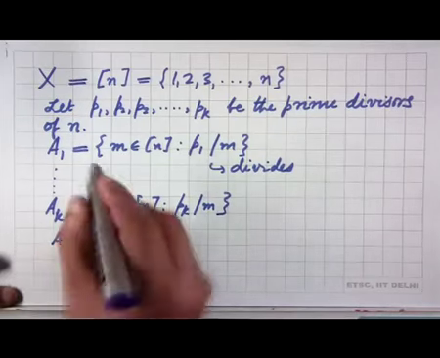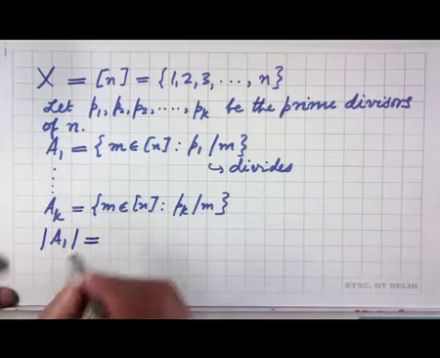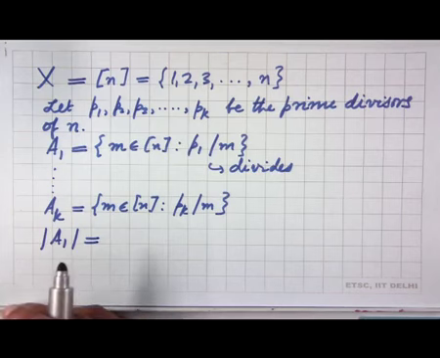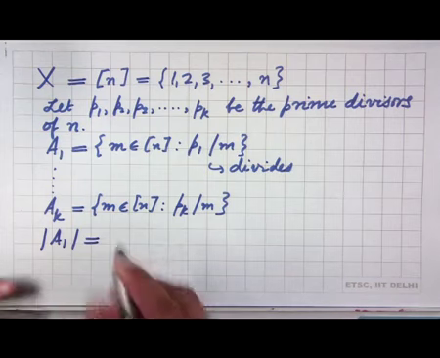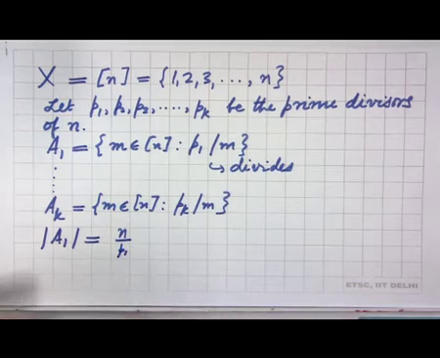Let's look at what A1 is. Well, A1 is the multiples of P1. It's rather straightforward to figure out what the size of the set is. How many multiples of P1 are there up to n? Well, obviously n by P1. For example, if n was 10 and p1 was 2, how many multiples of 2 are there up till 10?